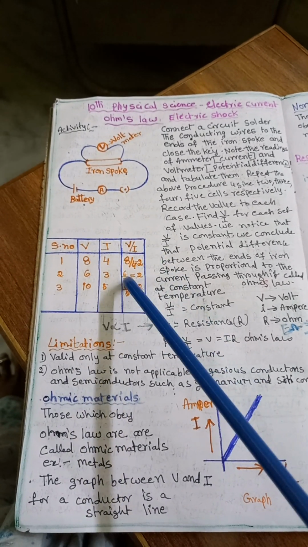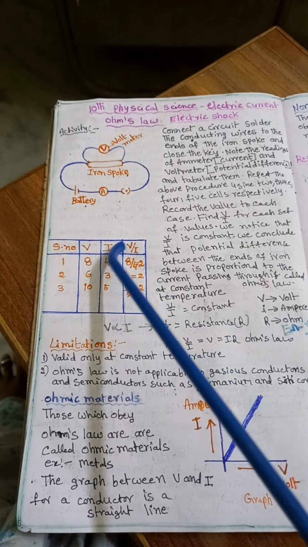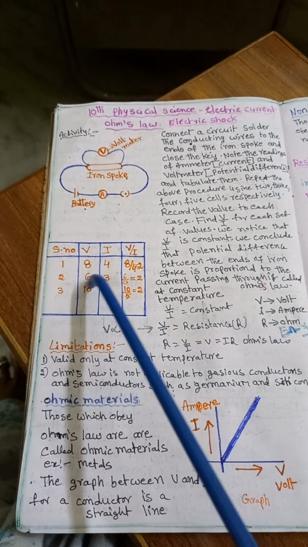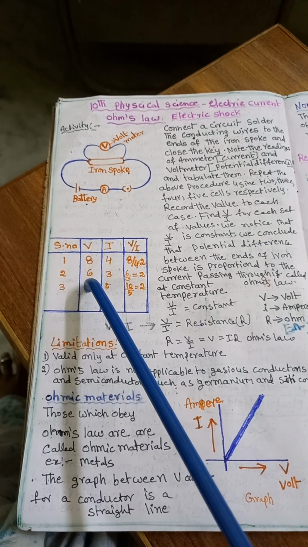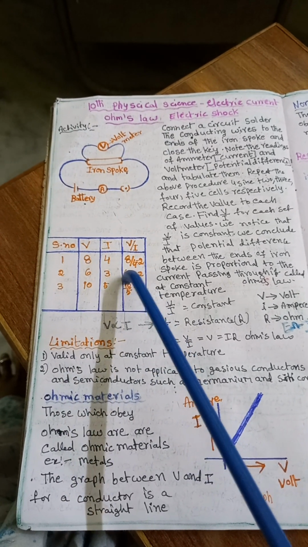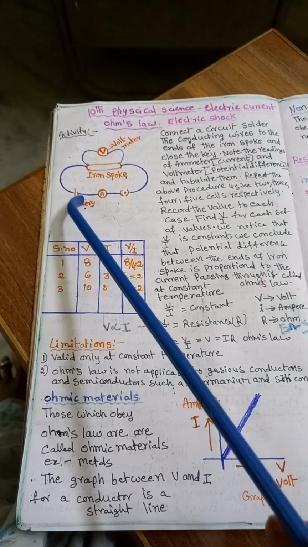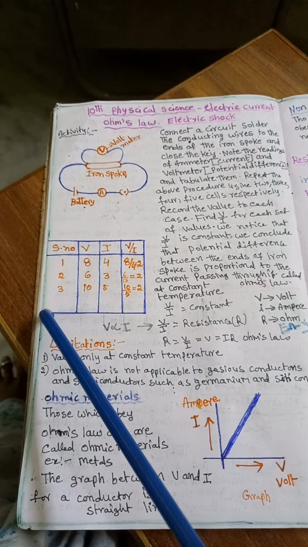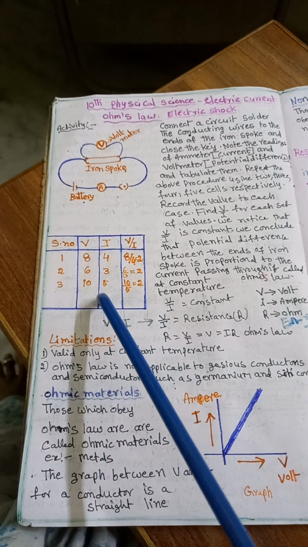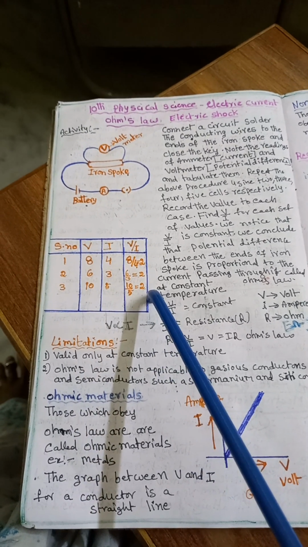So V by I means 8 by 4 is equal to 2. Next, when two cells are used in the battery, the potential difference shows 6 and the current shows 3. So 6 by 3 is equal to 2. When 3 cells are used in the battery, the potential difference is 10 and the current is 5. So 10 by 5 is equal to 2.